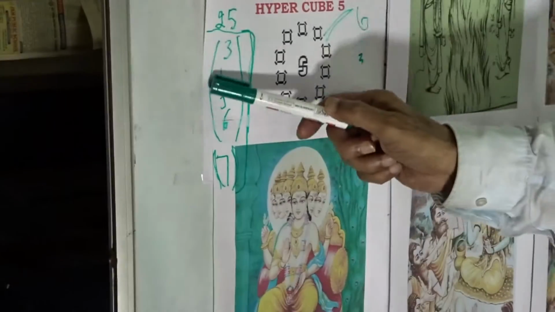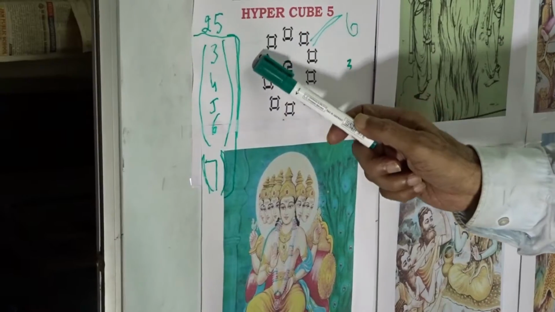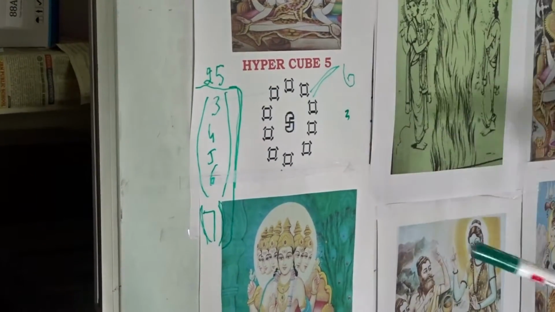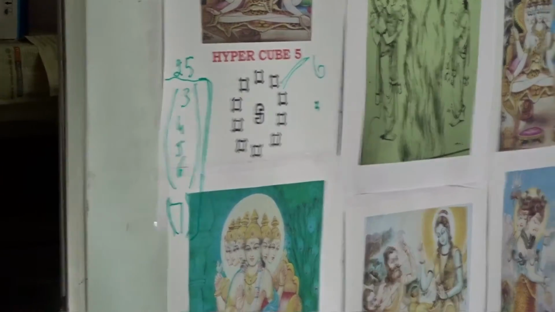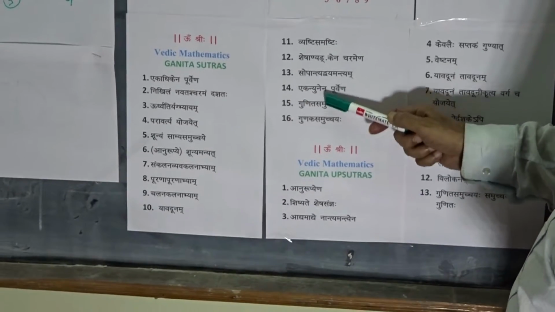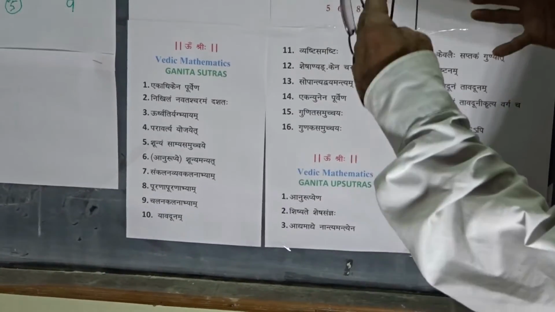values 3, 4, 5 and 6, which make a manifestation layer or hypercube 5, and this hypercube 5 as such becomes the transcendental base. Therefore, this text of Ganita Sutras and Ganita Upsutras deserves to be augmented.